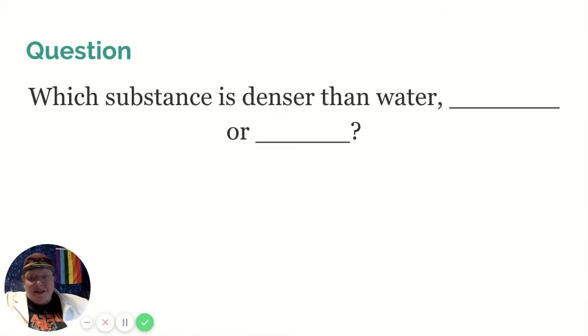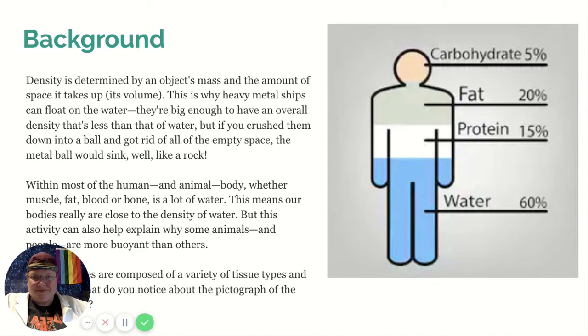So some components of our body are denser than others. And in this activity, we're going to try and discover which is denser than water, muscle or fat. If a substance is less dense than water, it will be buoyant, which means it's more likely to float. Density is determined by an object's mass and the space that it takes up, its volume.